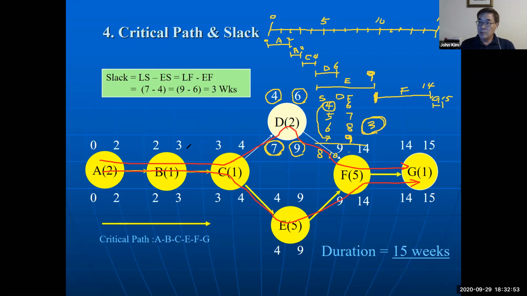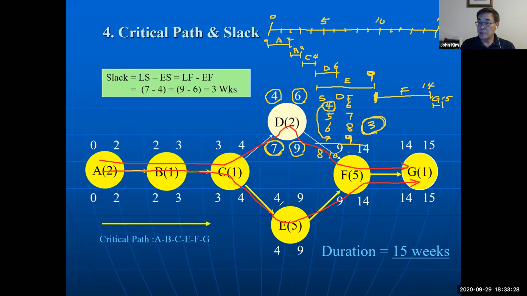On the first path, A, B, C, D, F, G, if at least one activity in the path has slack, then that path is not critical. But on this path, all activities don't have any slack.